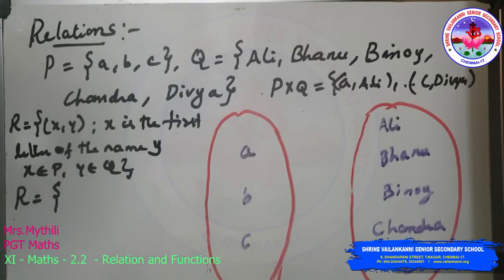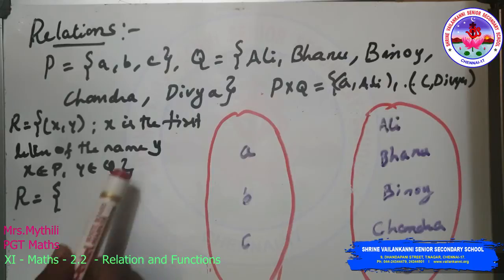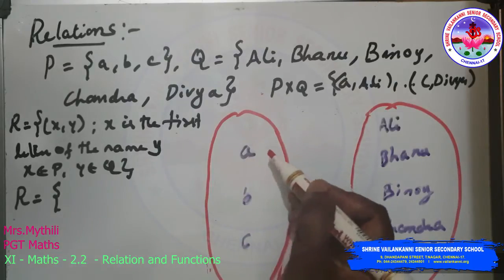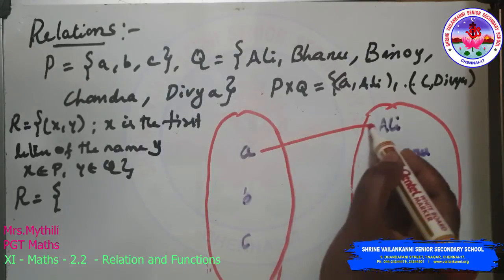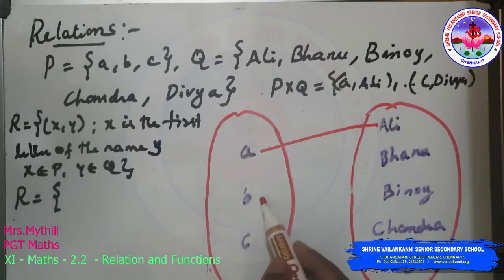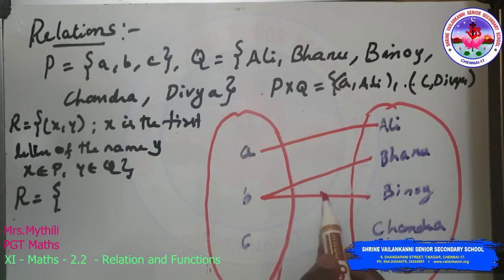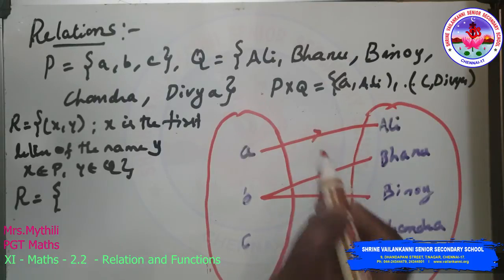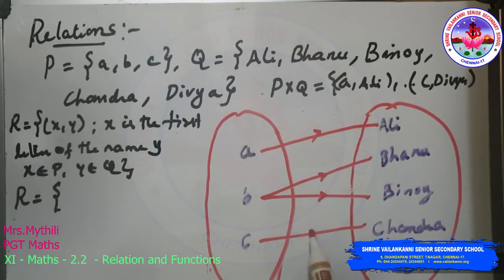So representing this using an arrow diagram. R equal to A for Ali, and again B for Banu and B for Binoy, and again C for Chandra.